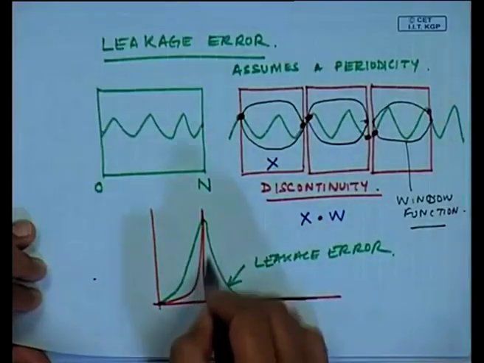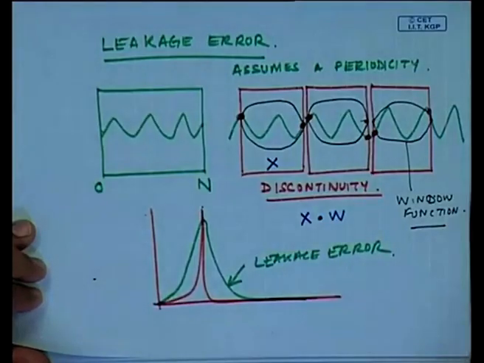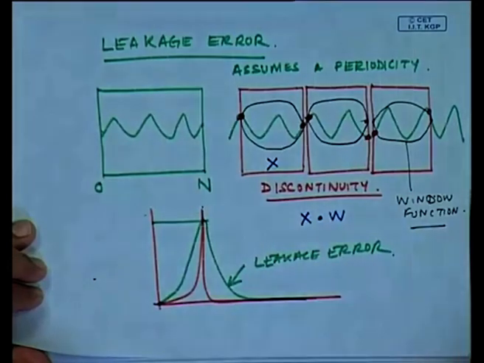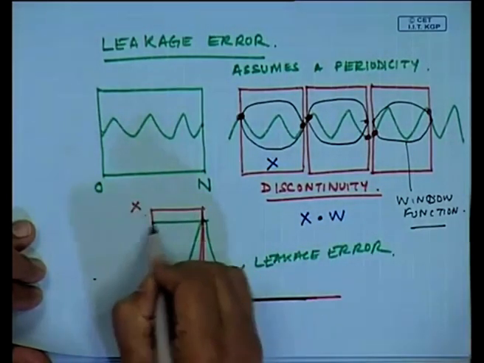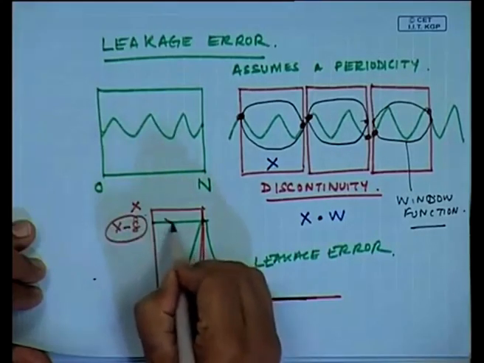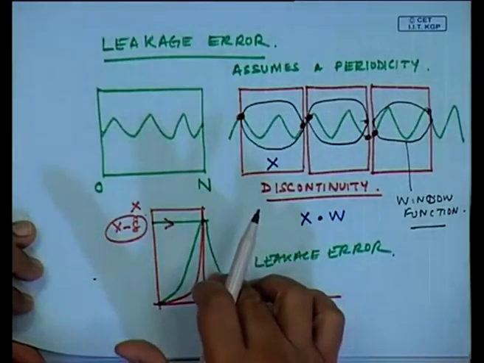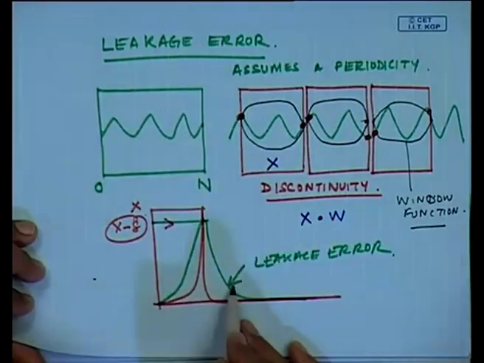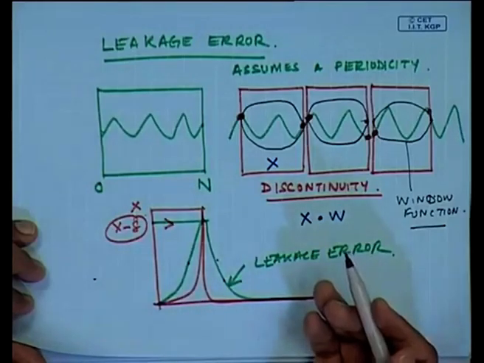Here you see, because of the leakage, my correct amplitude is given by this red signal x, but because of leakage I am getting this signal. So, this is a wrong estimation of the amplitude of the signal, and sometimes also a wrong estimation of the frequency, because you do not know whether to take this frequency, this frequency, this frequency, and so on.